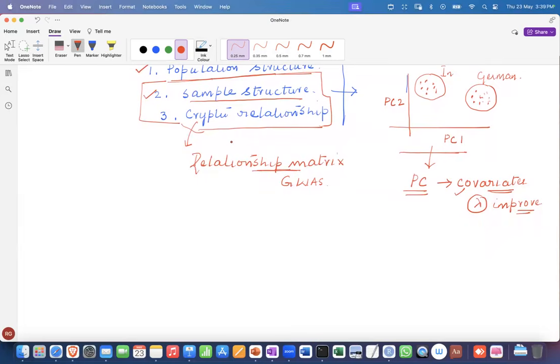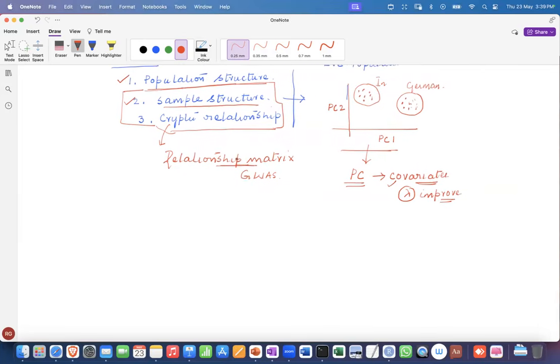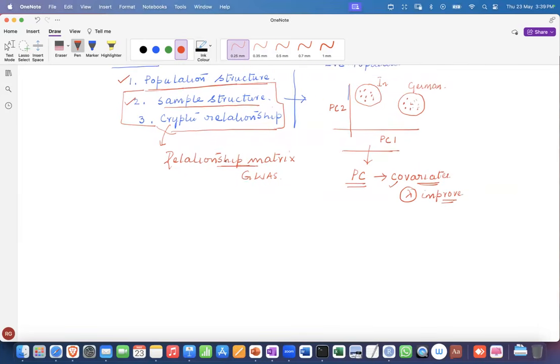So these two are the things that we normally do. Now what happened? People started analyzing the data, doing a lot of things here and there, right, using different kinds of software. Now, which software to use for the best kind of results? That's also a question mark, right? So people started using, let us say, software for correcting population structure.